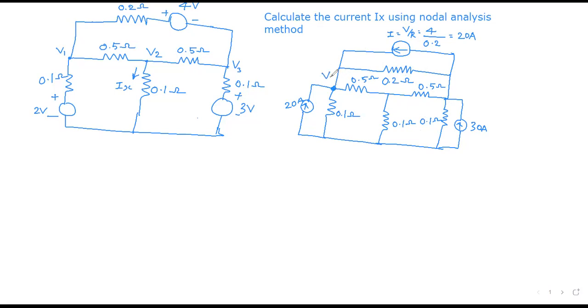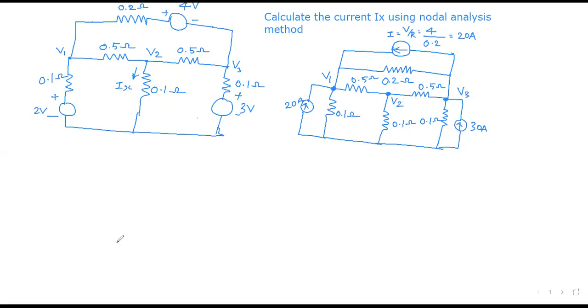This is node 1, V1. Here we have another node, V2. Here is another node, V3. So we have to apply Kirchhoff's current law at three nodes. We will get three equations. By solving all three equations, we will get V1, V2, and V3. Afterwards, we can calculate Ix.